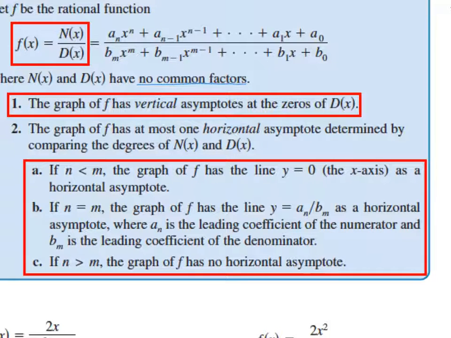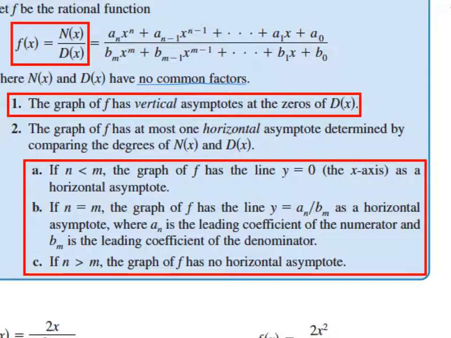Okay? First of all, notice that the lowercase n, if you look up here, lowercase n is the degree of the numerator. Okay? The lowercase m is the degree of your denominator. Alright? So just make sure that you notice the degree of the numerator, the degree of the denominator.